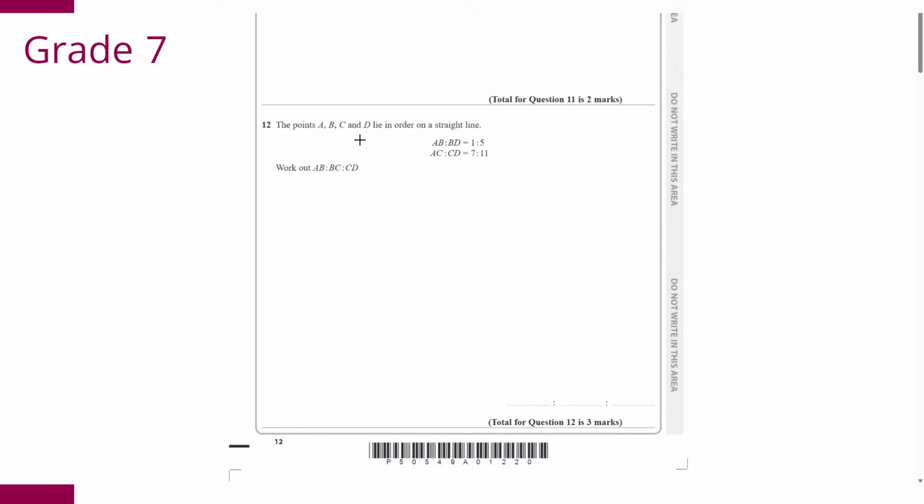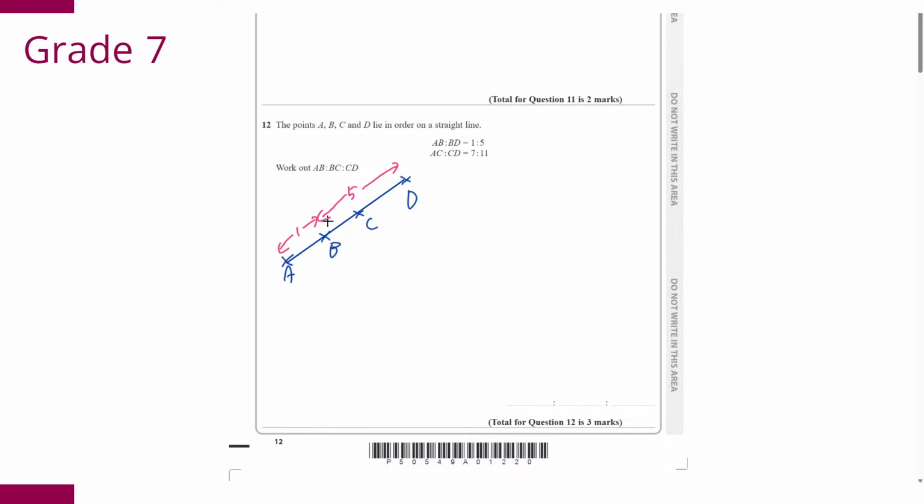So A, B, C, D lie on a straight line. Okay, so first thing I would do in this question is draw a straight line, right? Let's try and get some head around this. So A, B, C, and D. The ratio of AB to BD is 1 to 5. So the ratio here is 1, and then here is 5.